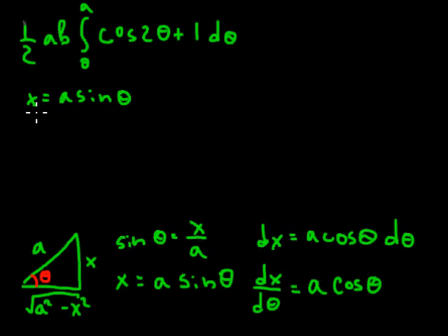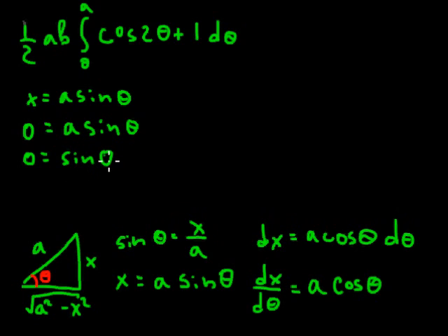When x equals a sine theta, well, when x equals 0, we want to know what theta equals. So when x equals 0, you find what theta equals. We substitute 0 for x, and let's solve this equation very quickly. Divide both sides by a. 0 divided by a is just 0. This thing divided by a is sine theta.